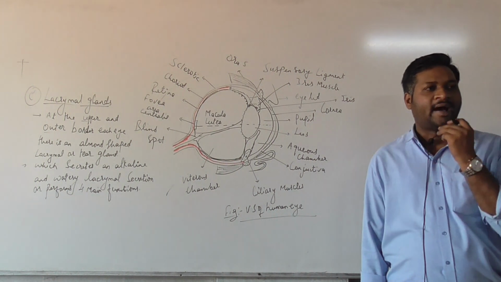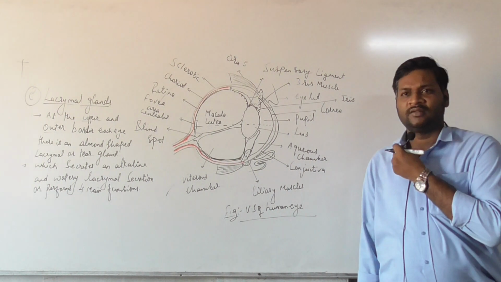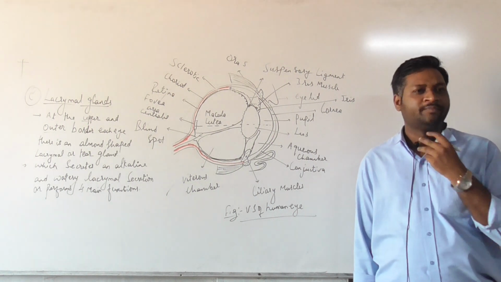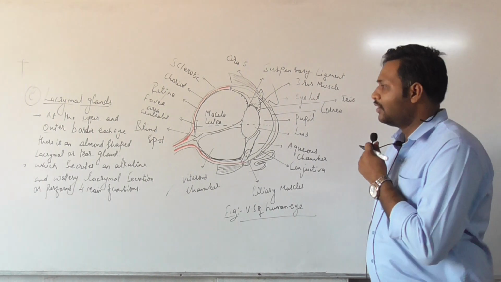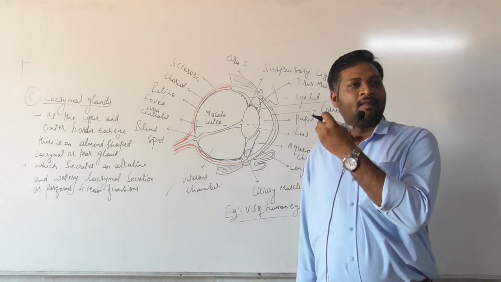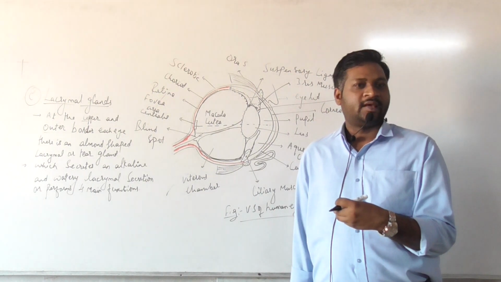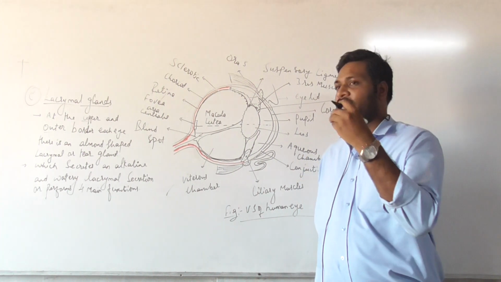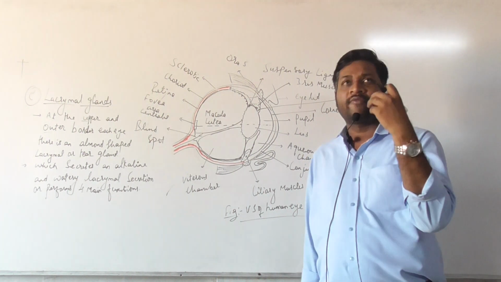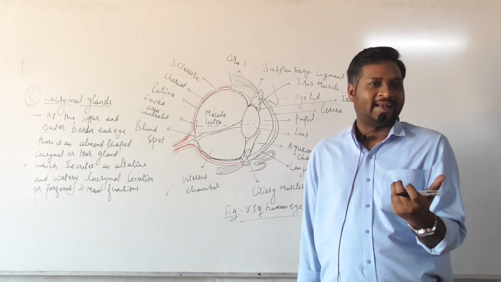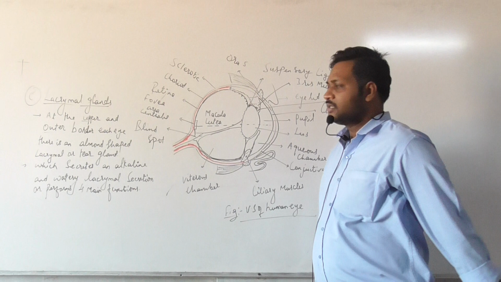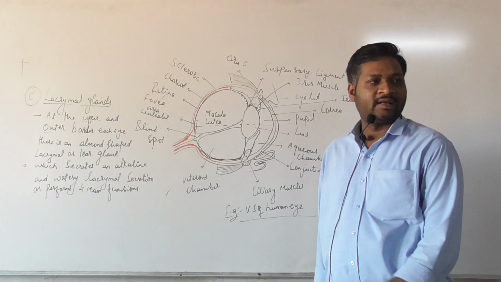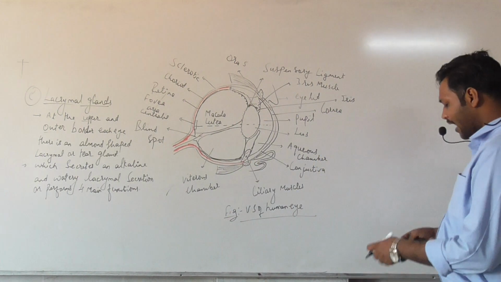Suppose the eyes are exposed, right? They generally remain exposed. So what happens is there will be entry of dust material. If we are exposed to high intensity light, at that time there will be secretion of a watery substance, right? That is nothing but a tear. So what happens over there?